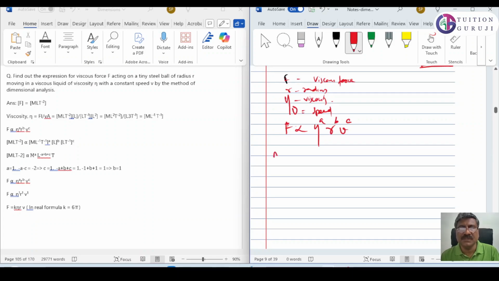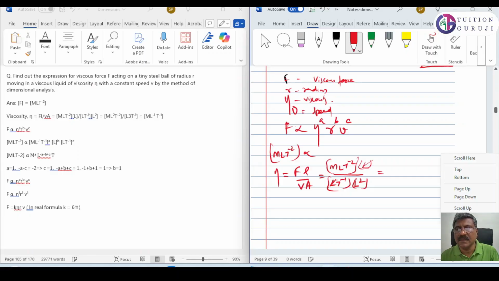We know force is equal to m L T raised to minus 2. Proportional to eta, where viscosity is equal to F into L divided by V A. So F is m L T raised to minus 2 into L, divided by velocity, L T raised to minus 1, into area, L square.